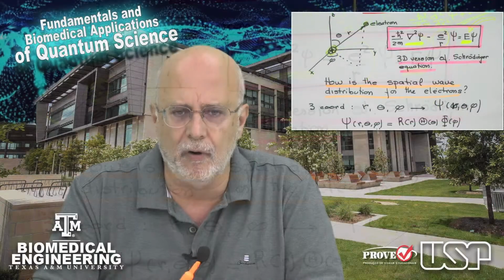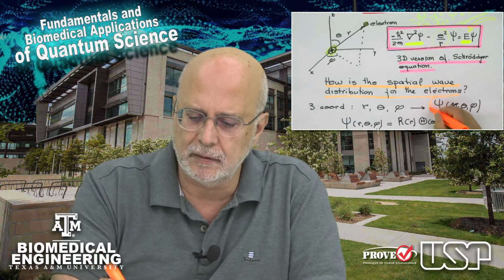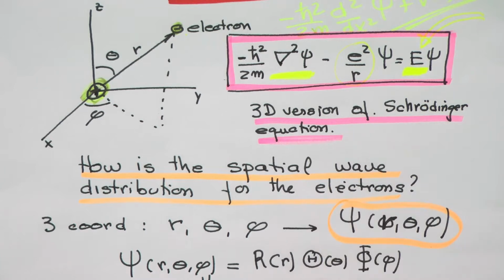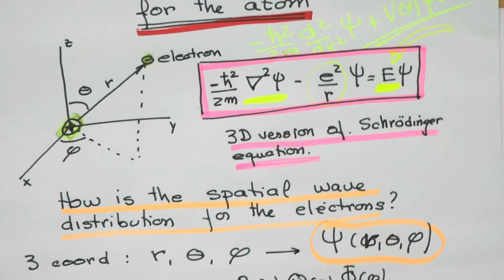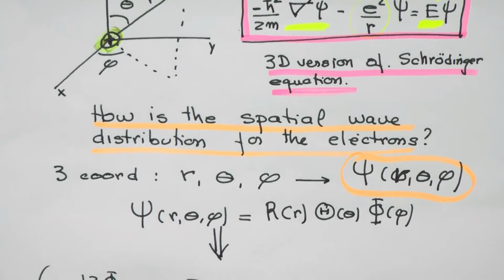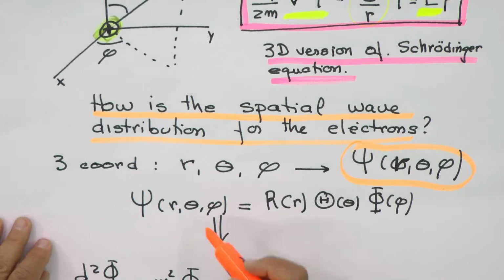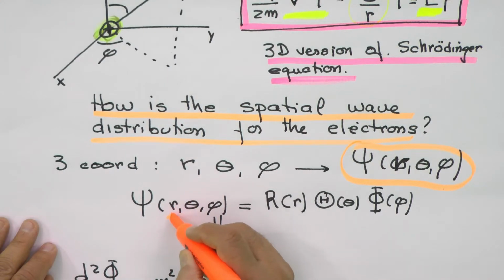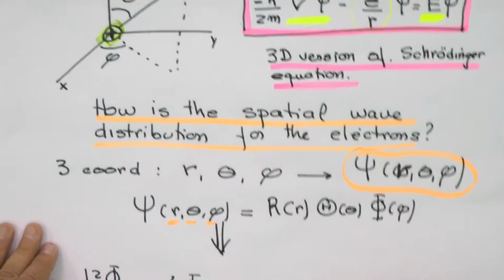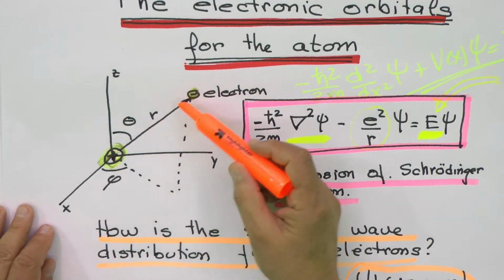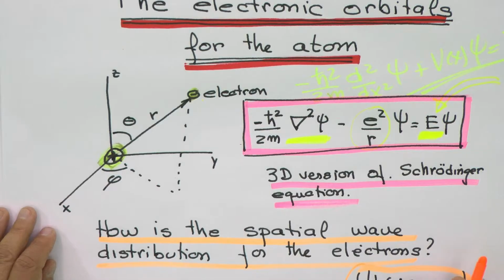So we are looking for a wave function that depends on three coordinates. We can express this in x, y, z, or normally we prefer to express it in spherical coordinates. The spherical coordinates have r, theta, and phi, which are the zenithal and the azimuthal angles in this configuration.